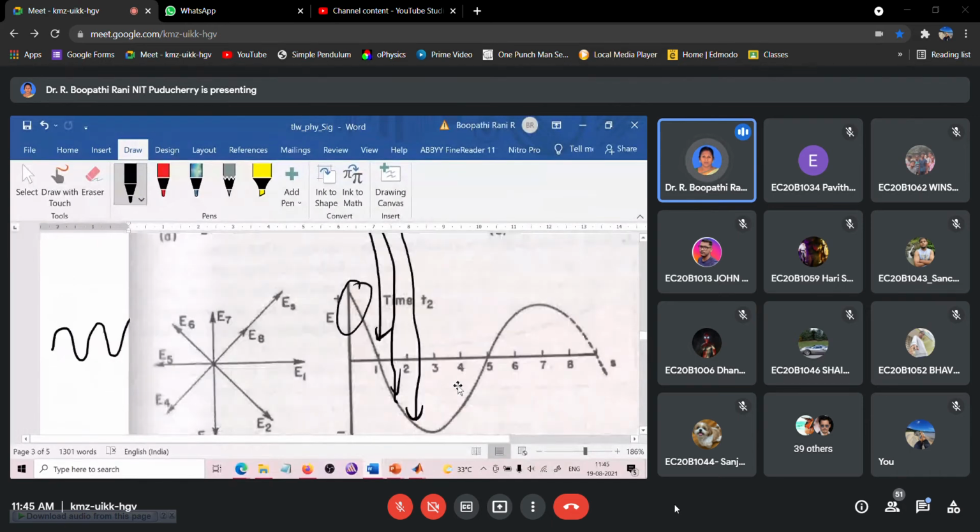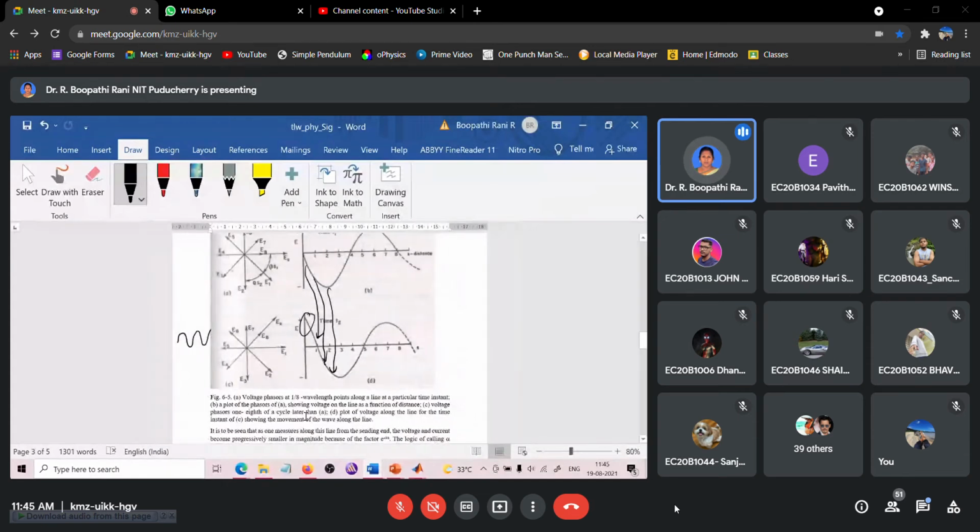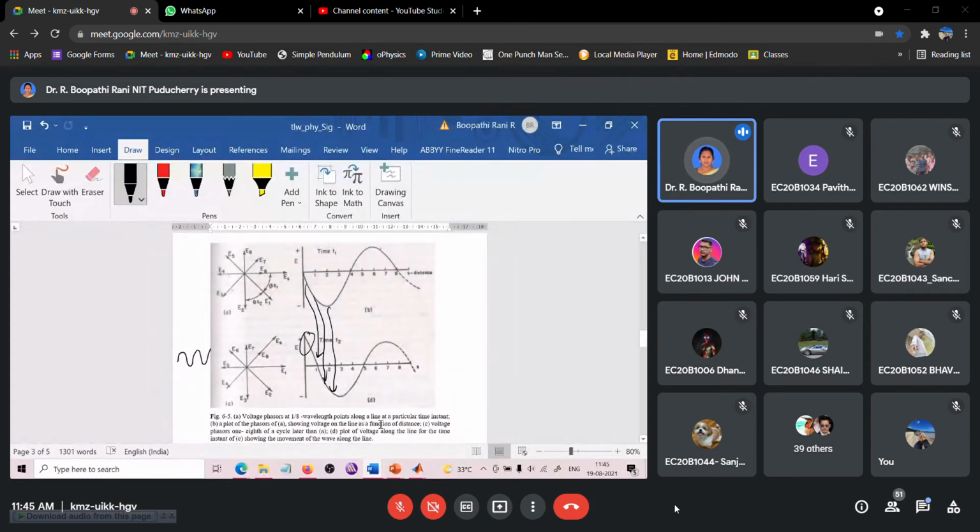See, the wave depends on both time and distance. Here the diagram A denotes the voltage phasors at 1/8 wavelength points along a line at a particular time instant. B shows a plot of the phasors of A. If we do the plot with respect to distance, we will be getting it like this at instant time t1, showing voltage on the line.